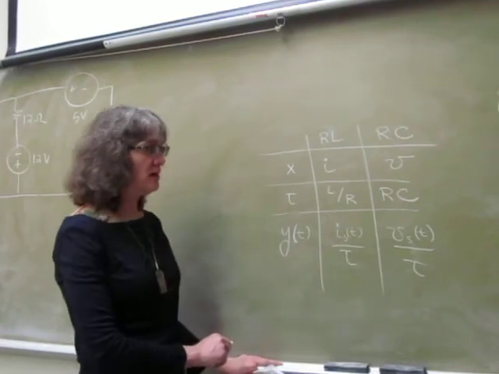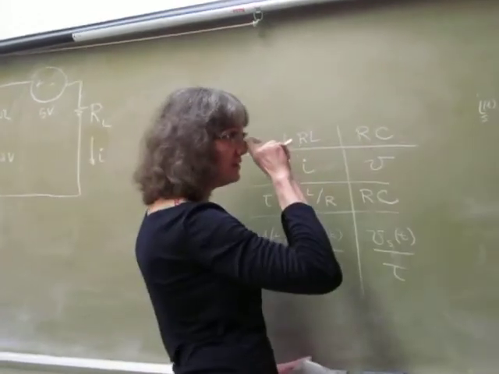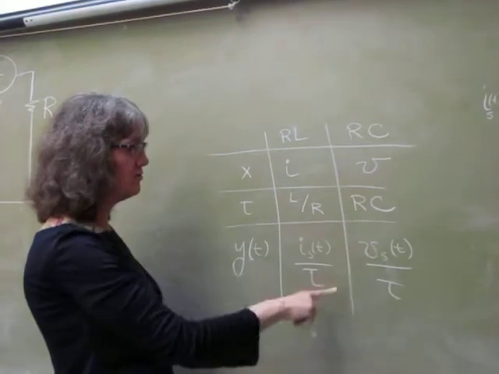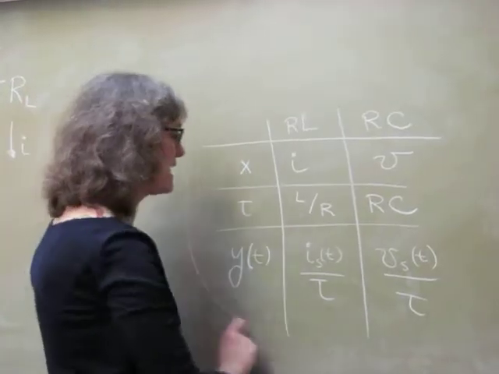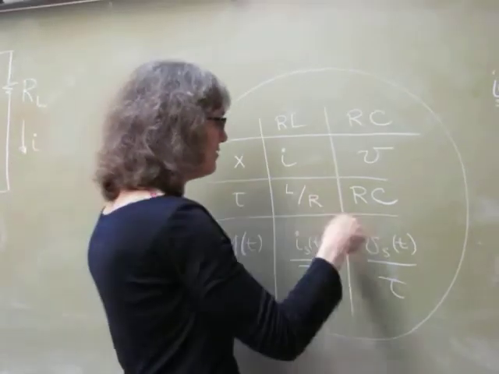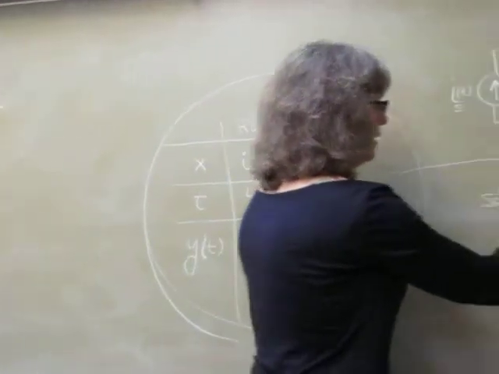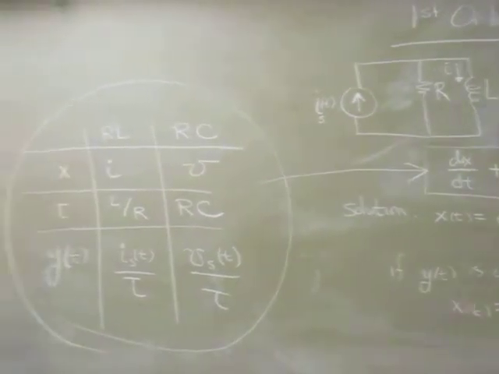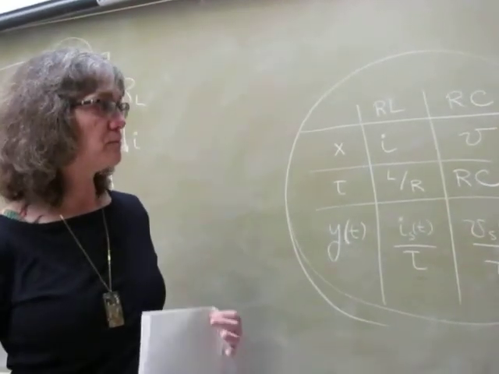It's the current source divided by tau. Similarly, y of t for the capacitor circuit is this. So this is the key, or the legend, whatever you want to call it: what this equation becomes for the specific circuits, whether you have the inductor or the capacitor.